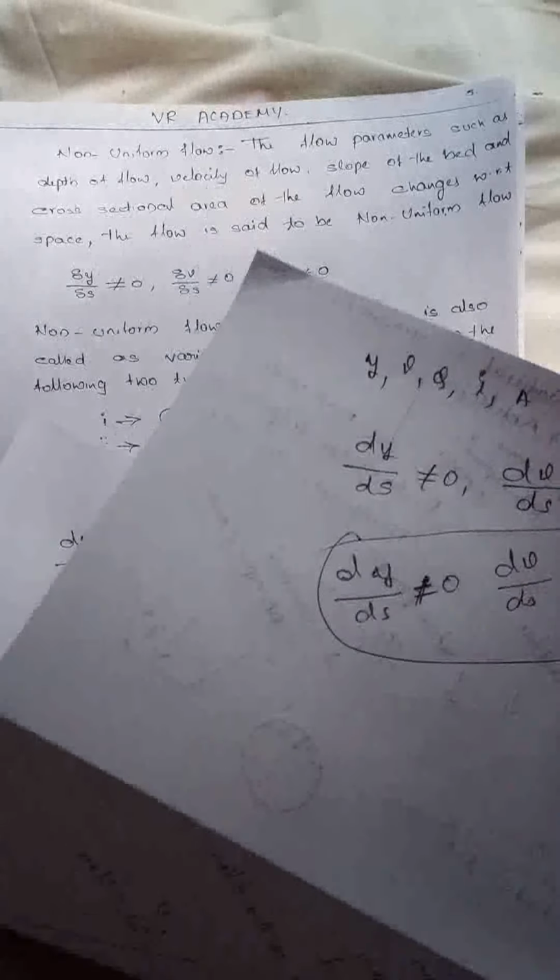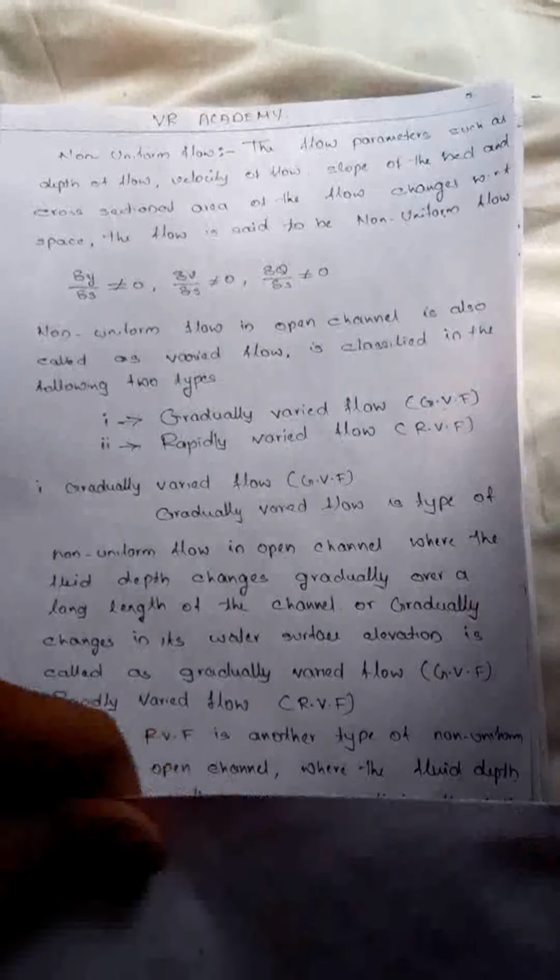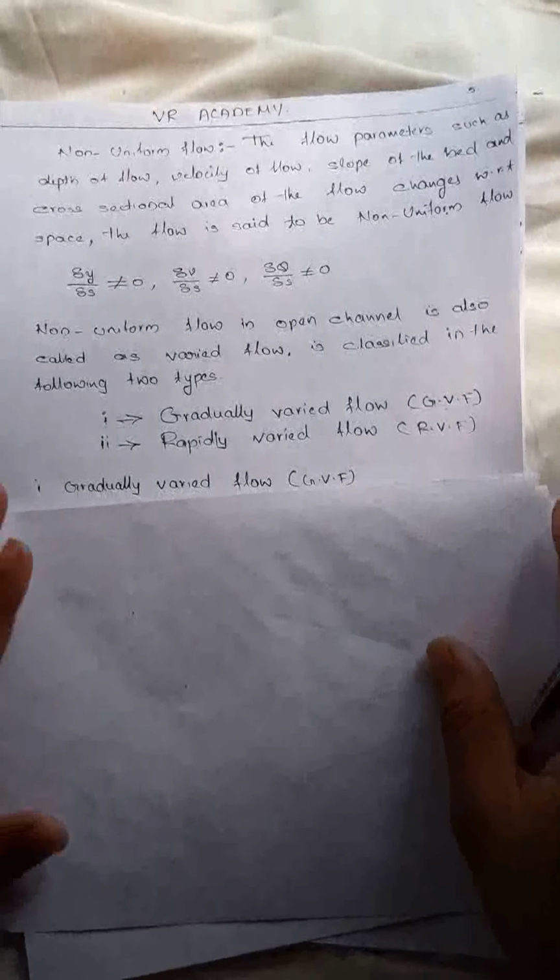Next, the non-uniform flow is classified. You know that non-uniform flow is also called varied flow. The non-uniform flow in open channel is also called a varied flow, and it is classified into the following two types.